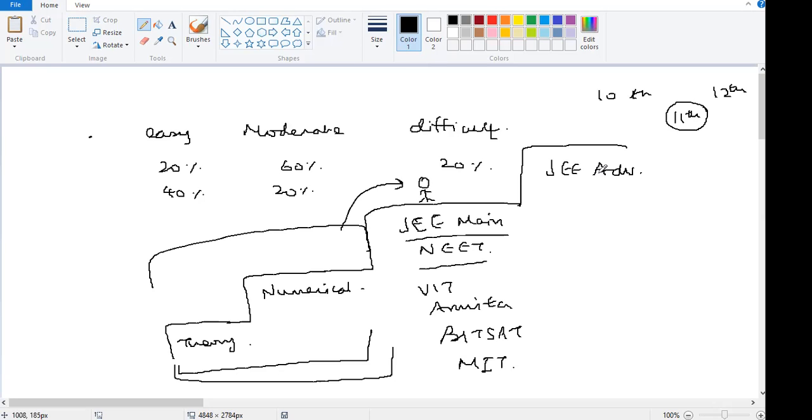JEE Advanced is completely different. It's much more. I mean, it's not difficult, but you have to spend much more time. Usually, I've seen students who spend one more year after 11th and 12th to study specifically for JEE IIT are able to do this. Otherwise, if you don't want to spend one more year on that, you can do this part and this part, and then you can easily find good colleges.